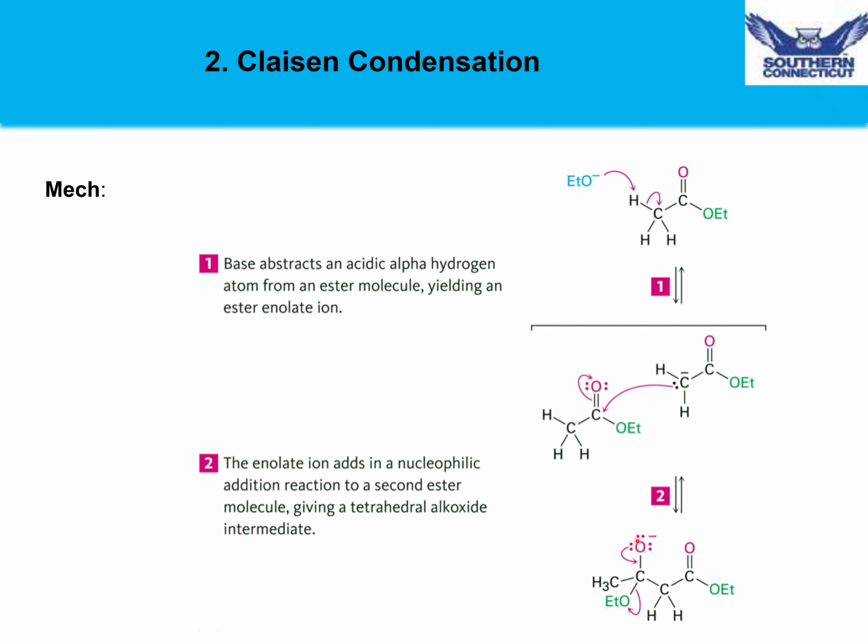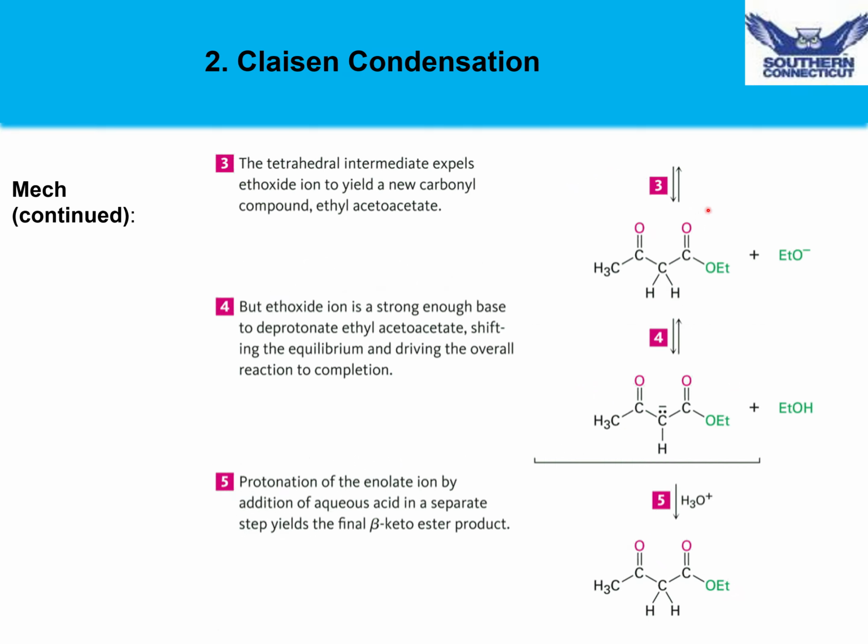This tetrahedral intermediate will reform the carbonyl by eliminating the ethoxy group, the leaving group on that ester.